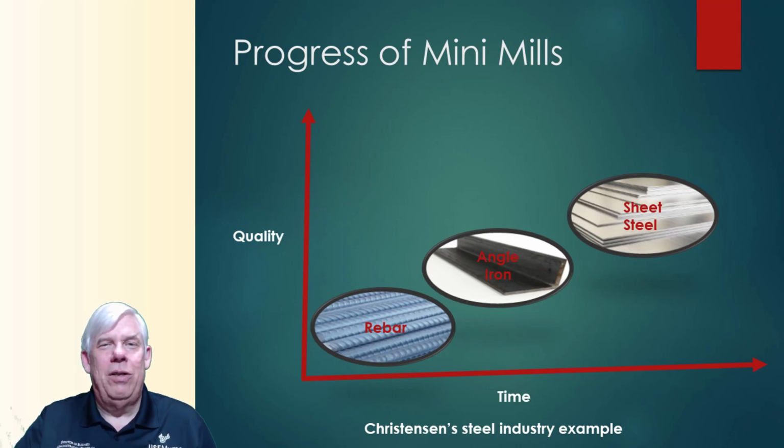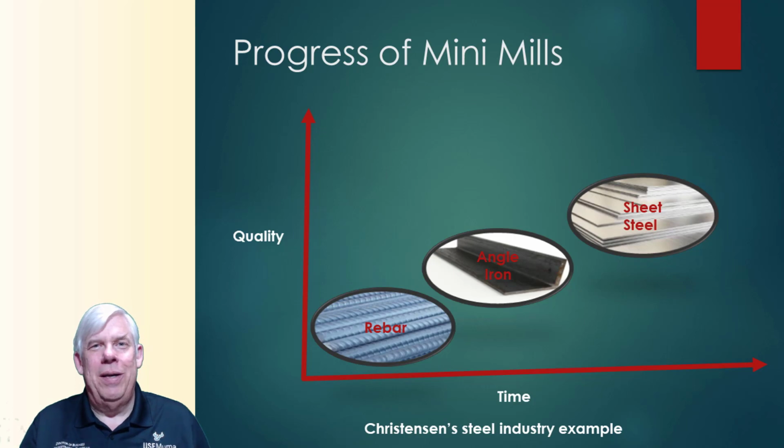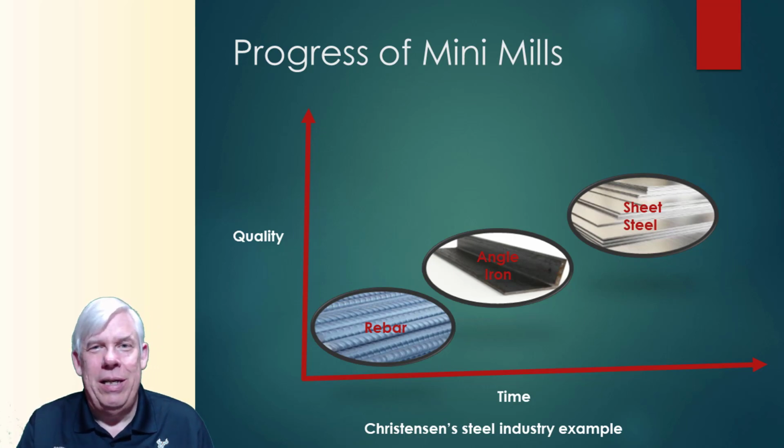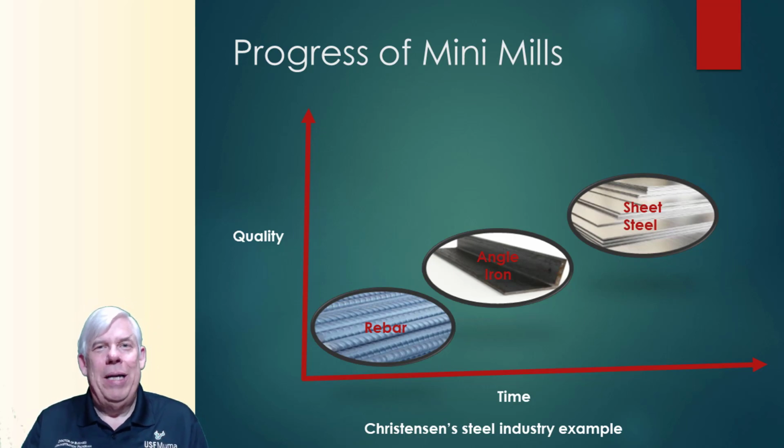When your steel is going to be used to essentially make concrete much stronger, it doesn't really matter what it looks like. It doesn't matter if it's got any defects. Basically, the people who are buying rebar just care that it's good enough. And so the mini mills were able to make rebar at a slightly lower price than the large integrated mills.